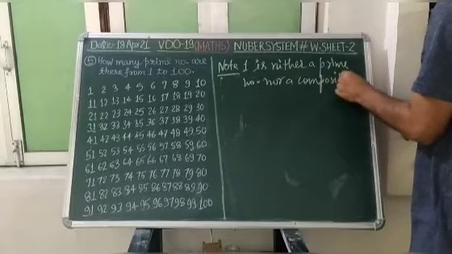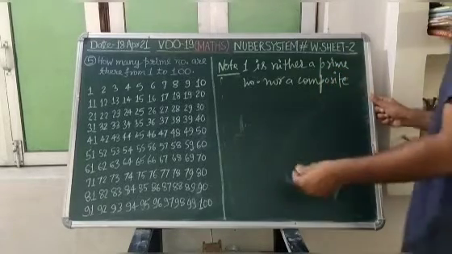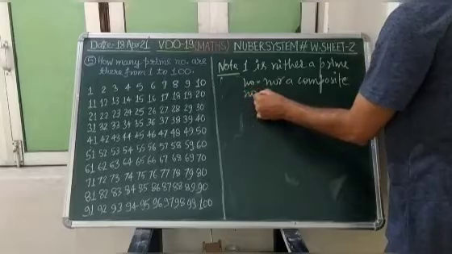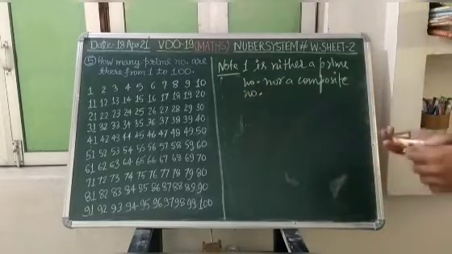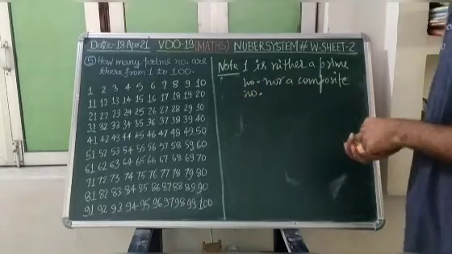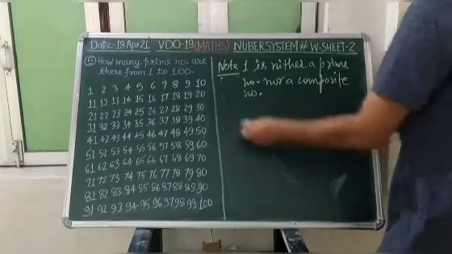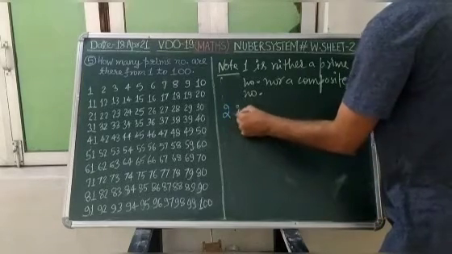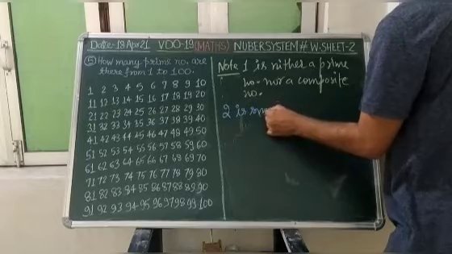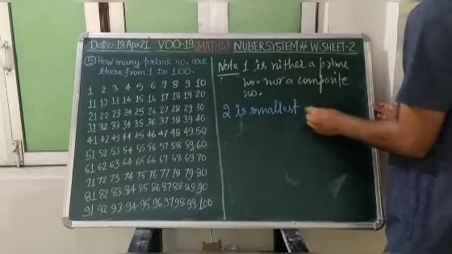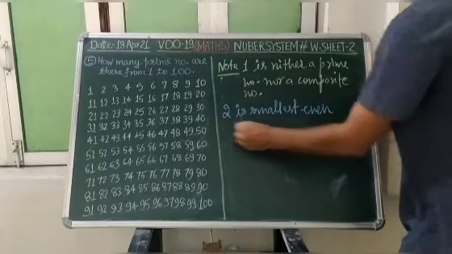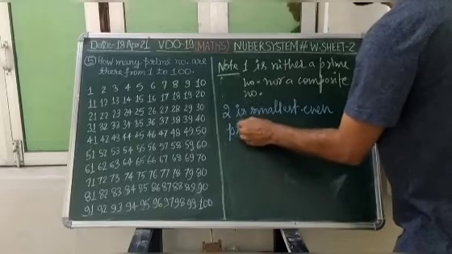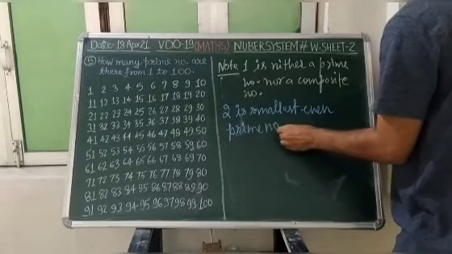So 1 is not your prime number as well as not a composite number. And I also told you in the very first video that 2 is the smallest even prime number.